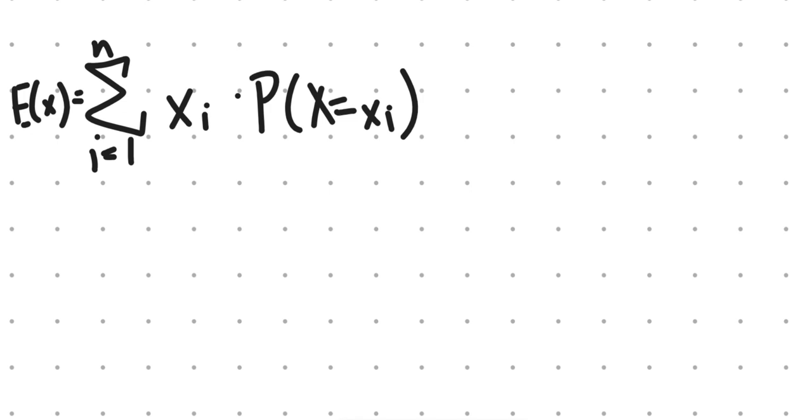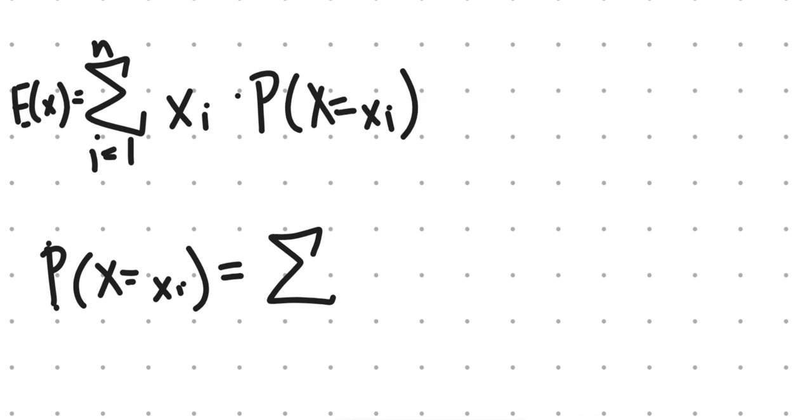Now, talking about the binomial distribution, we know that the formula for P of X equals xi is just, oh, I'm sorry, it's not a sum, it's just one single term. So it's going to be n over k, and since we have xi, I'll put the xi over here, xi times p to the xi.